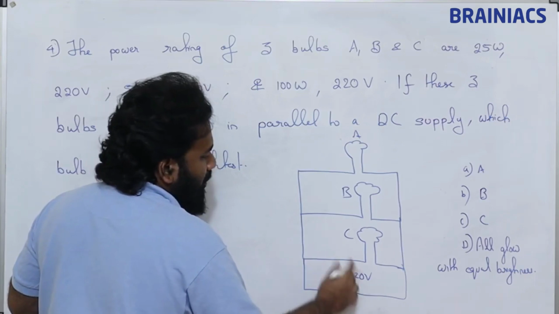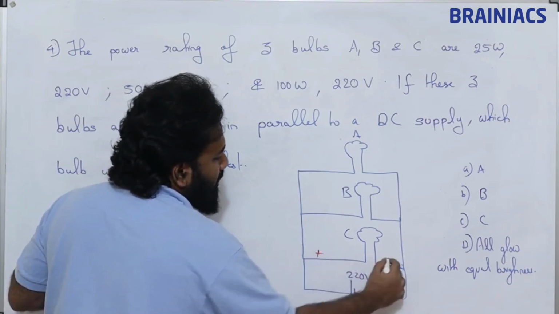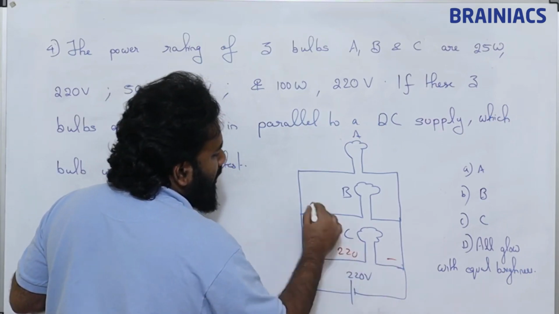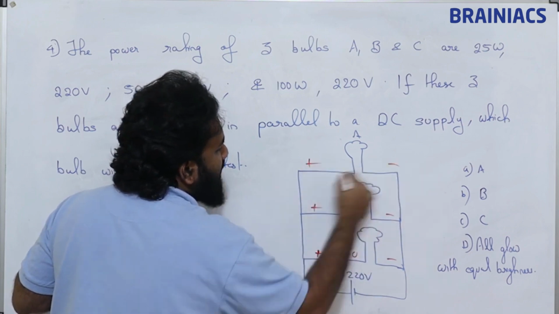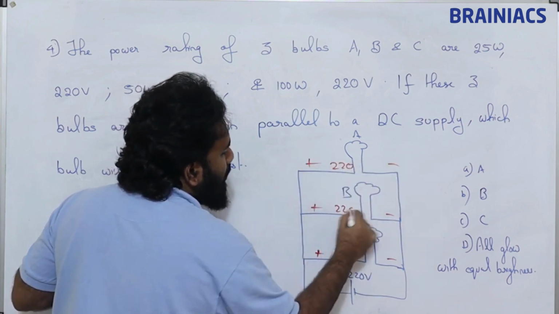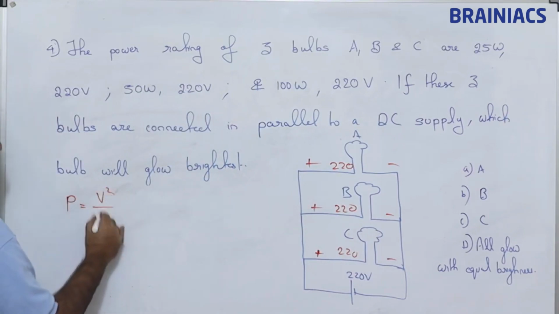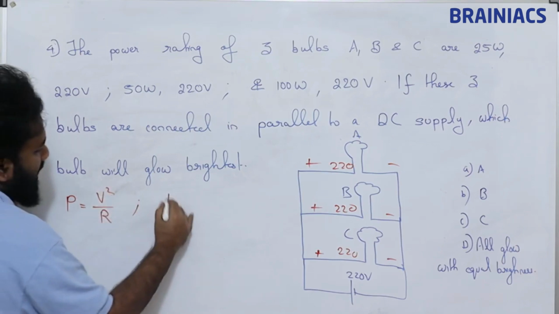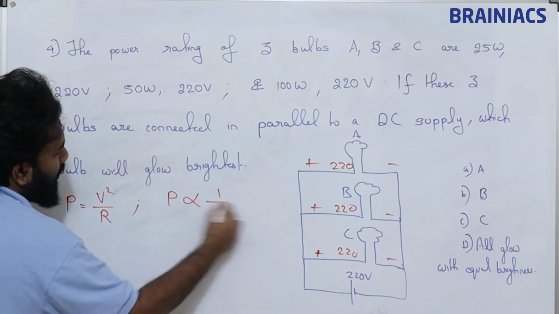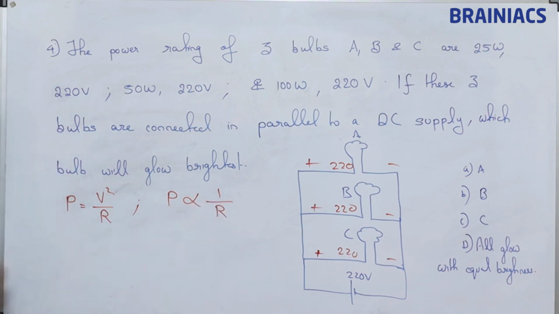So if this is 220 volt, here also it is going to be 220 volt, plus and minus, everywhere it is going to be 220 volt. So to find power we use power equal to V square by R. In this case, power is inversely proportional to what? Resistance.